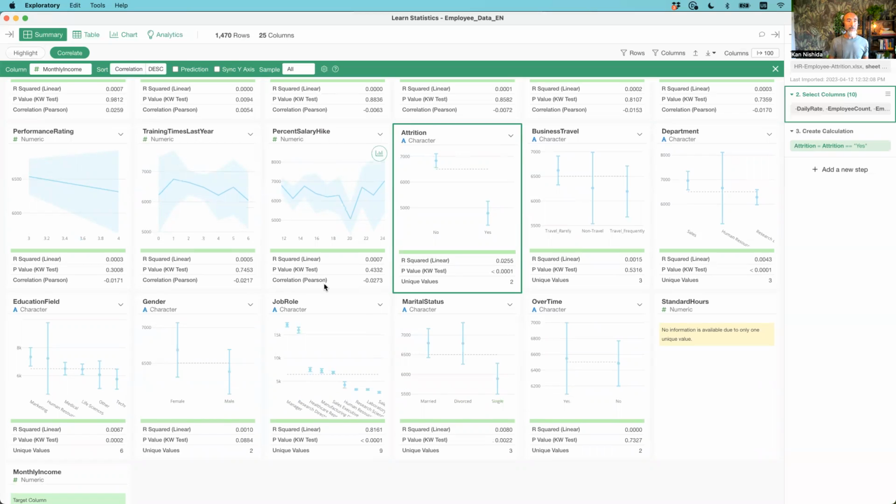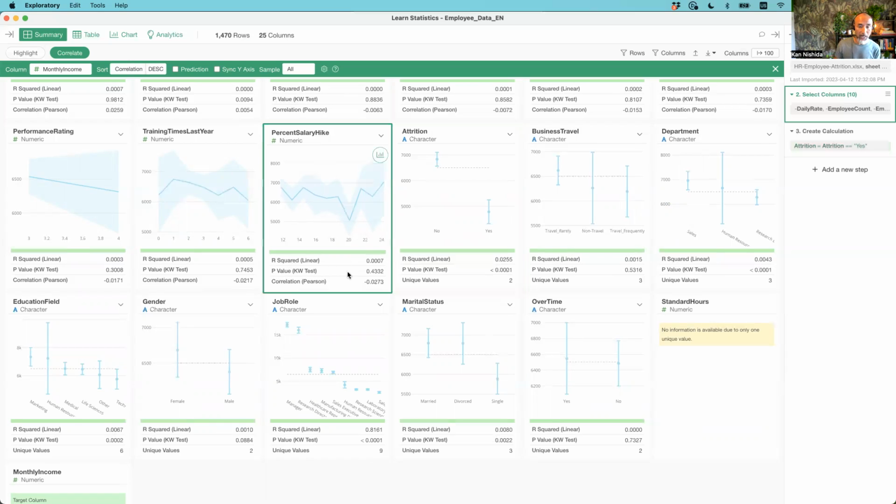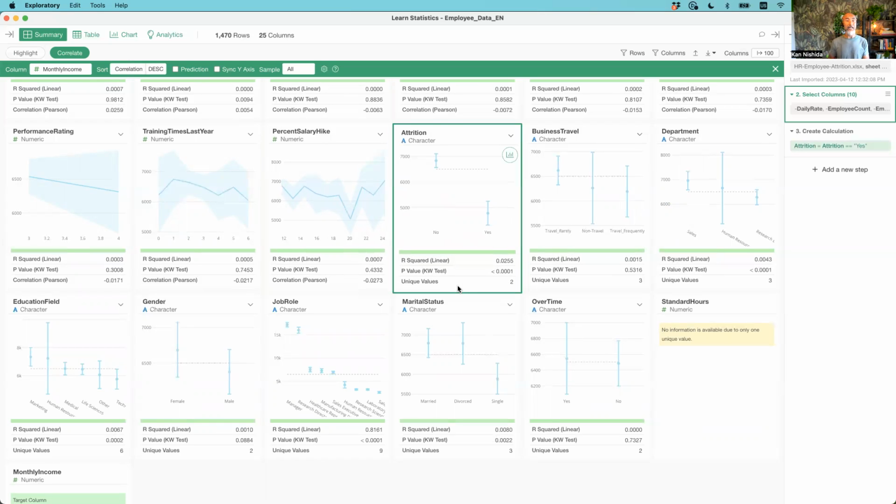So even though we sort by the correlation numbers, all the categorical variables are just pushed to the end. That doesn't mean the relationship between attrition and monthly income is weaker than, for example, percent salary hike, which has a correlation of minus 0.02, almost zero. Just because attrition doesn't have a correlation number doesn't mean there is no relationship.